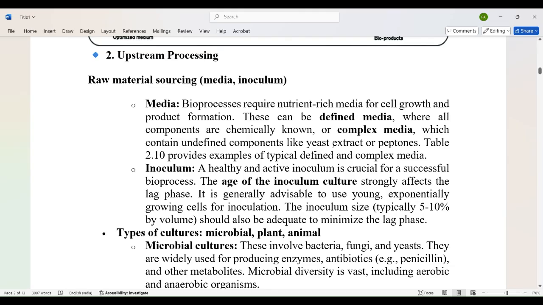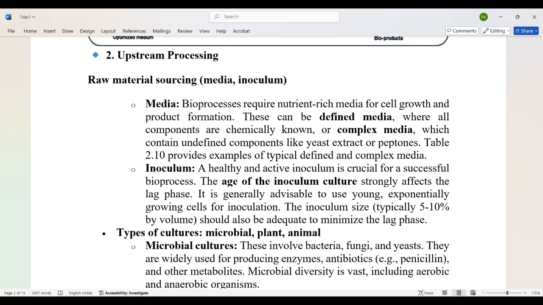So these notes particularly I have made from Shuler and Kargi Bioprocess Engineering Principles and Applications book. And these table and whatever figures I have mentioned in this, you can directly go and refer there. You won't find such direct details from the book. Why? Because I have made these notes from the book while referring different chapters and considering the syllabus of GAT-B and BET.